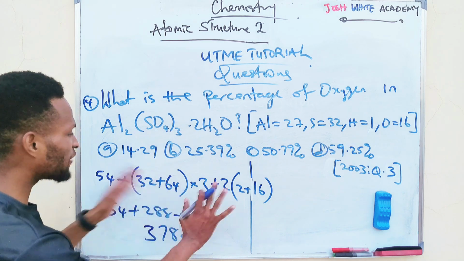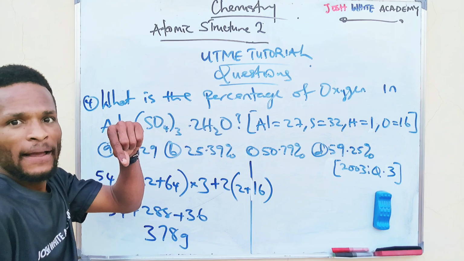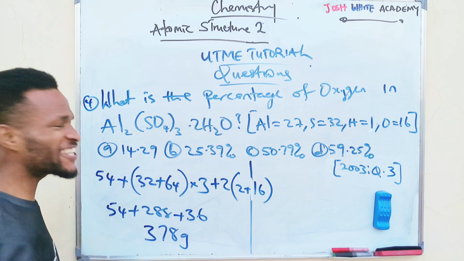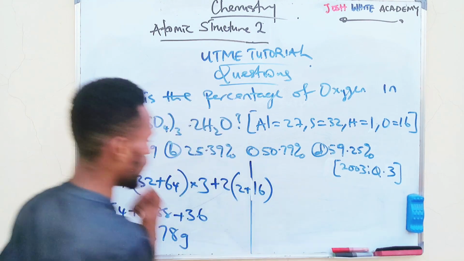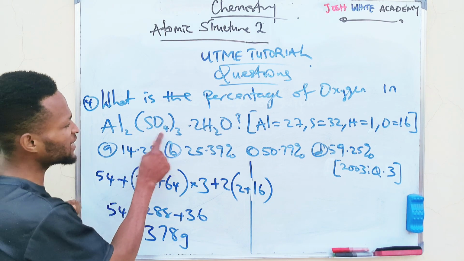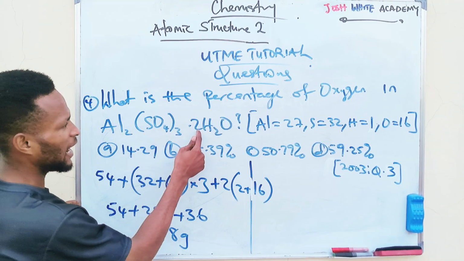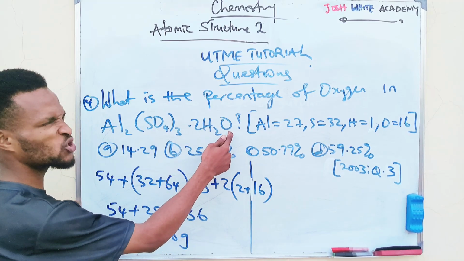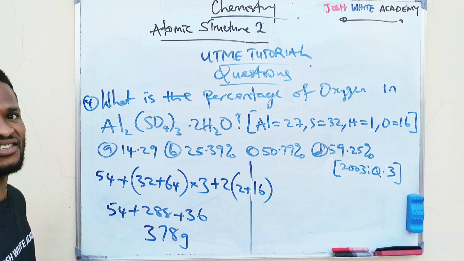Then we need to advance to find the percentage of oxygen atoms in this compound. Now, how many oxygens are here? This has a 4 multiplied by the 3 outside. That means there are 12 here. And this also multiplies to that 2. 12 plus 2, that means there are 14 atoms of oxygen.